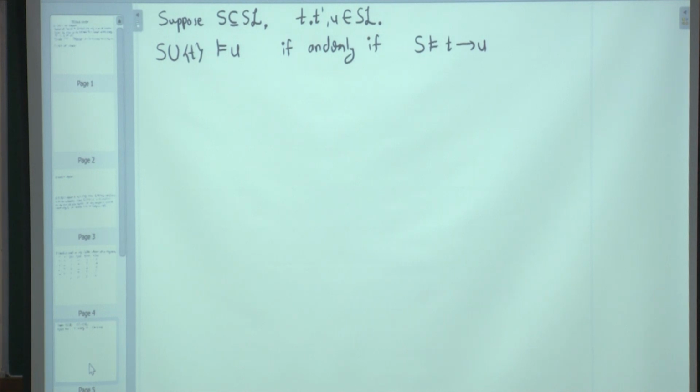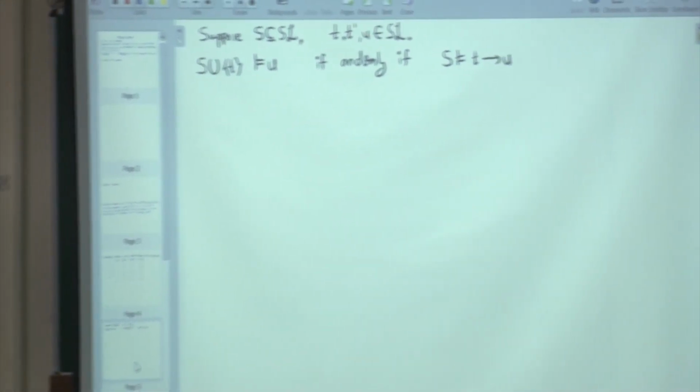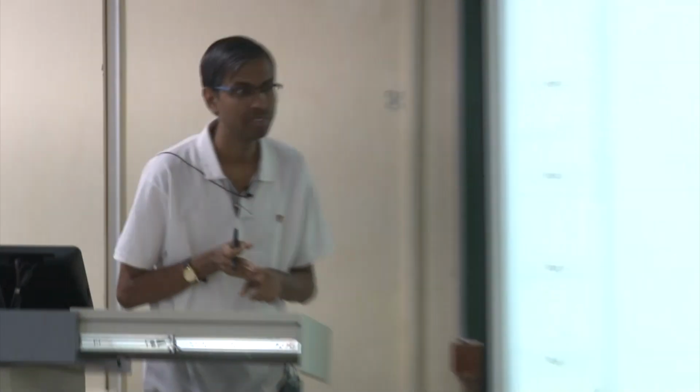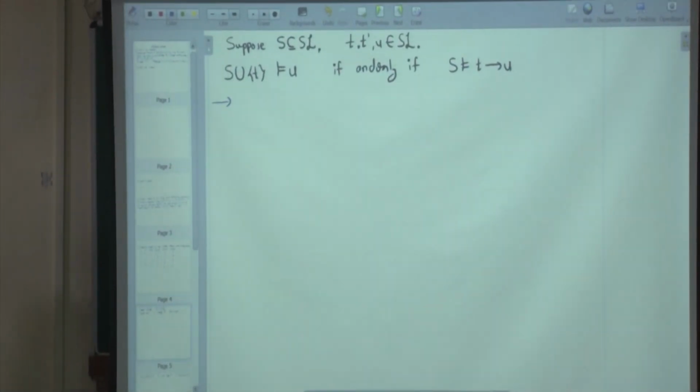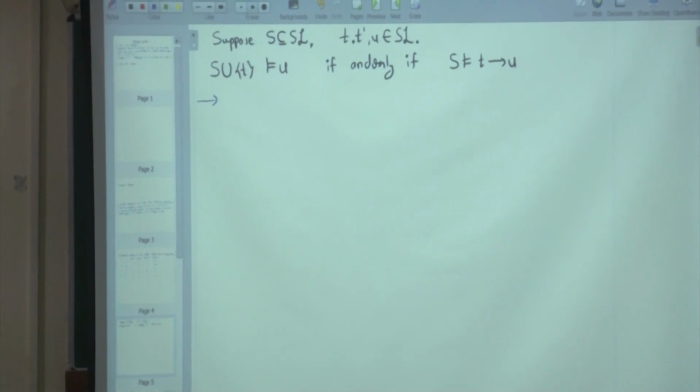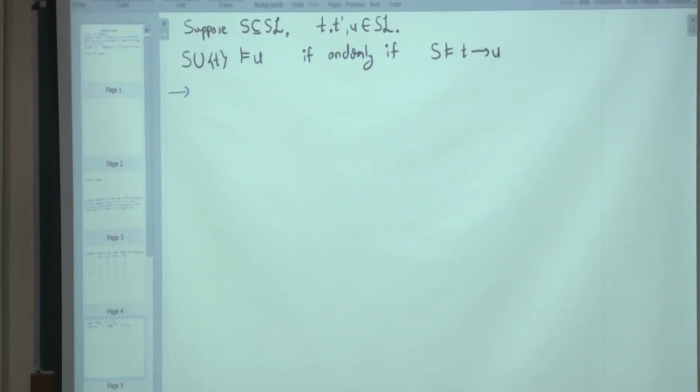I want you to pay close attention to whether you are actually using contradiction or only contrapositive. Okay, let's do this. Let us prove only one side, the second one we can leave as an exercise. Which one should we prove?